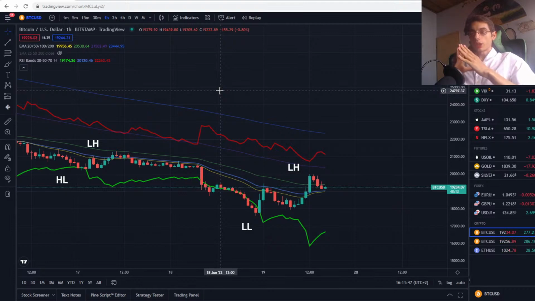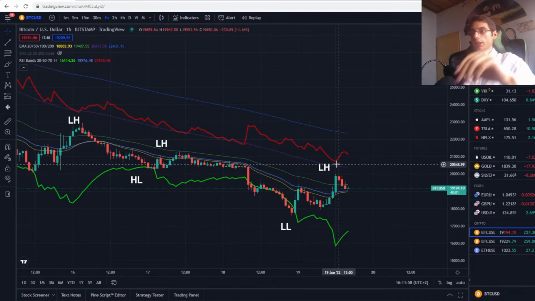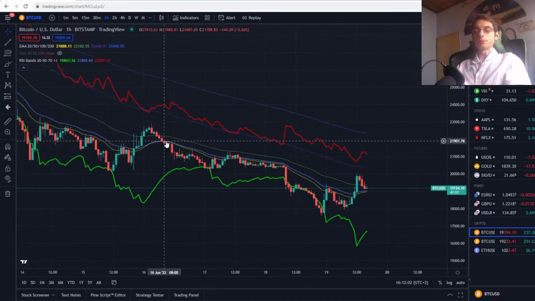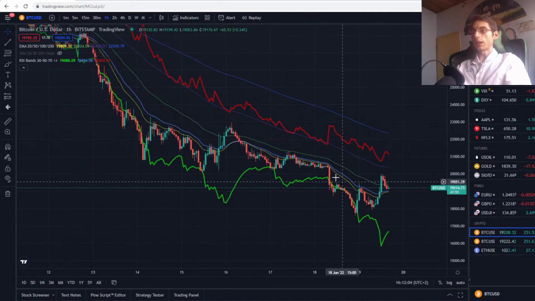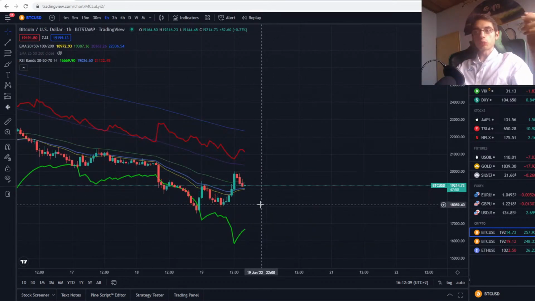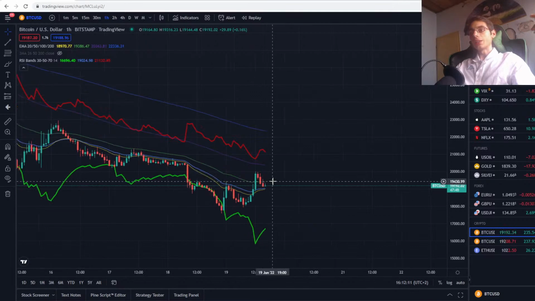I'm an educator, and I'm trying to help you understand how the markets and the price action are going. What does it mean if a certain price action is going down? Where can we find support and resistances, and what I think about the market.